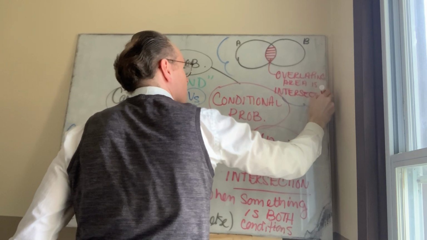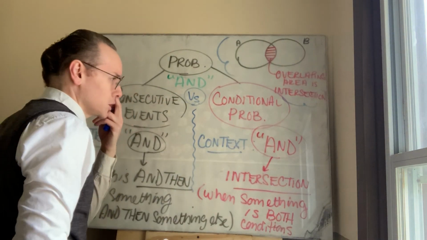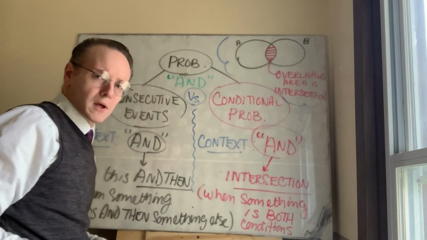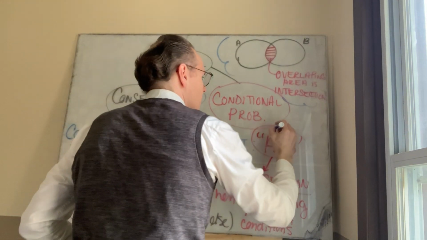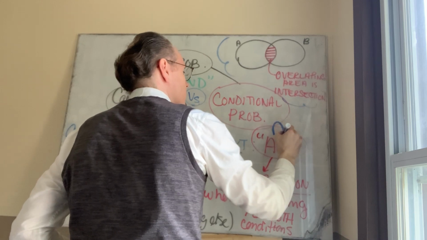And there's a symbol that we have for that, remember? All right. The symbol for intersection is that sort of upside down U. Let's just call it a horseshoe, like this.